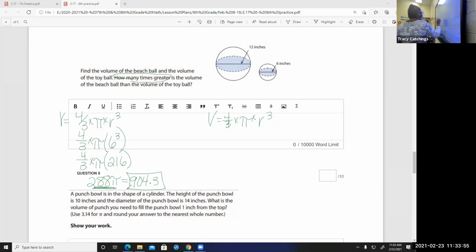All right, let's do the small one. Wait a minute, let's go back. Did you give me 6 for that one? So this radius has to be 3. What's 3 cubed? 27. All right, 27 times 4 and divide by 3.